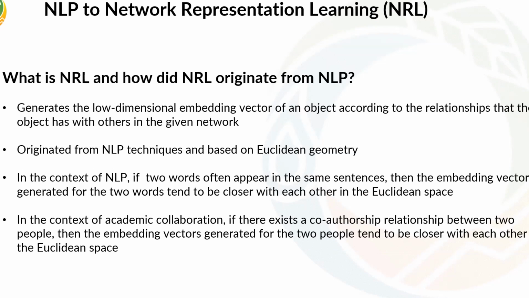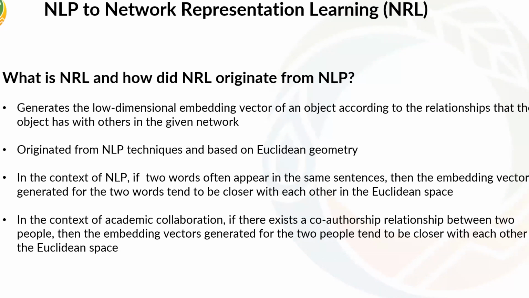So what is network representation learning, or network embedding, and how did this originate from NLP? Network embedding generates the low-dimensional embedding vector of an object according to the relationships that the object has with others in the given network. It originated from NLP techniques and is based on Euclidean geometry. So by now you may have realized some similarities between network representation learning and natural language processing.